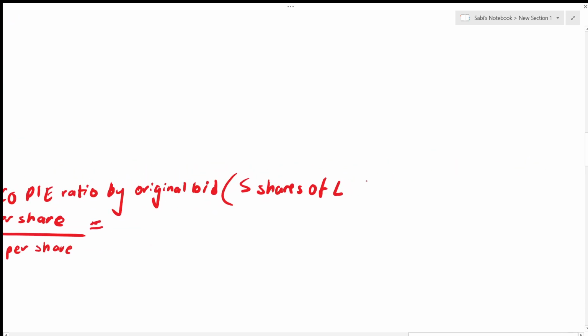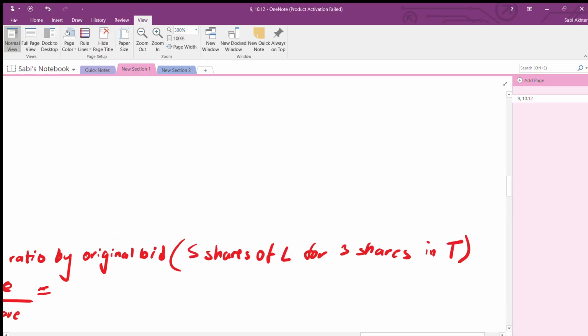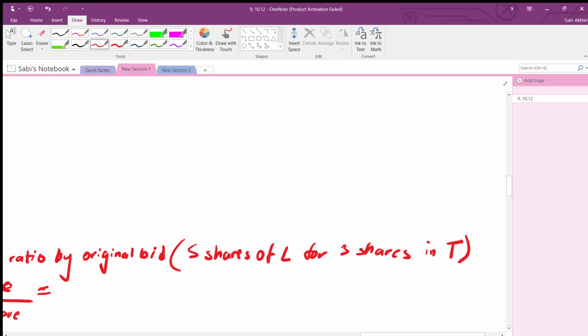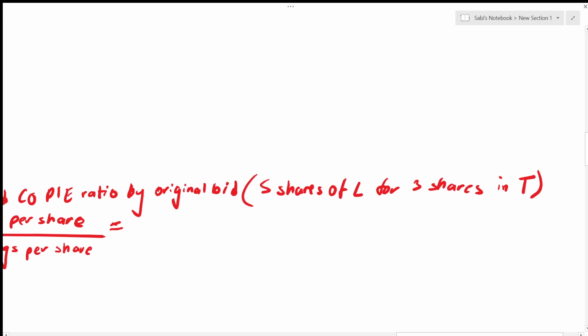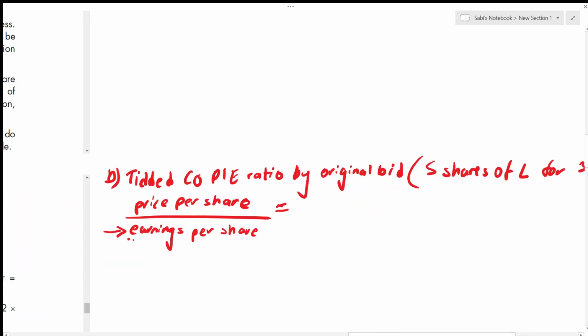For 3 shares in T. I need to reduce the width of my pen, right? So 5 shares of L for 3 shares in T. Remember this.